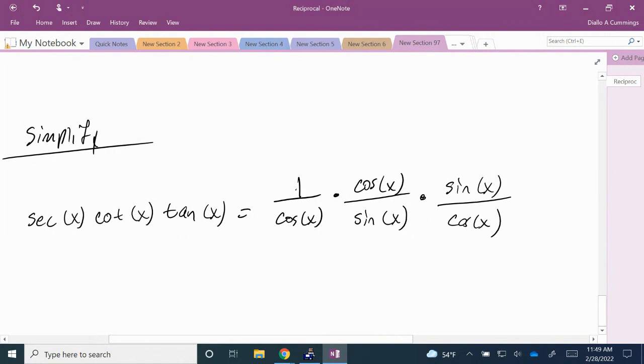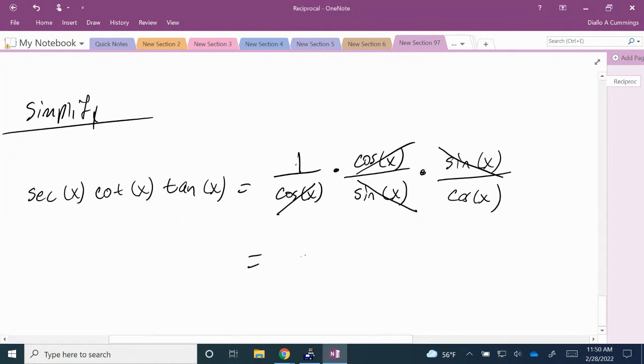And now we're going to simplify. As we look at this problem, I see that I can cross cancel the cosines, and I can also cross cancel the sines. That leaves us 1 divided by the cosine of x.